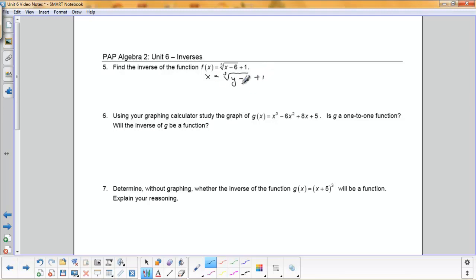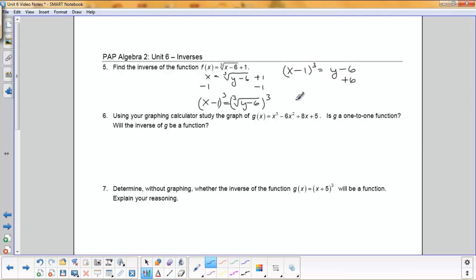Plus 1. All right, so now we've switched x and y. We're going to start moving numbers so that we've isolated the radical. Now that the radical is isolated, I'm going to cube both sides. That's going to give me x minus 1 cubed equals y minus 6.